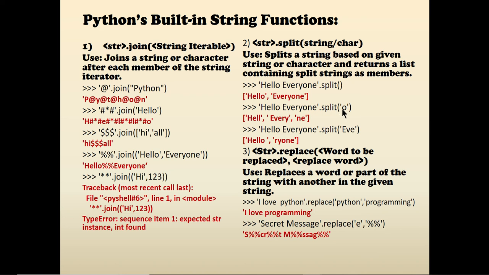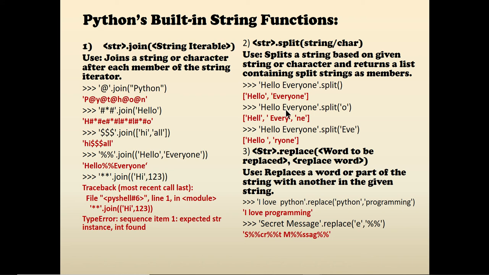Now in the second example, based on O I wanted to split. When you give a character or a string, when you split the string you will not get that particular character. Before O it will be considered as the first element, after O it will be considered as the next, and so on. In hello, whenever it reaches O, before O this is HELL, so that is the first member. After O there is a space.